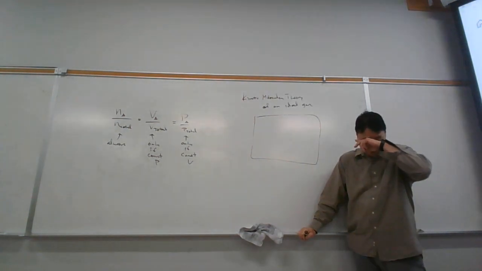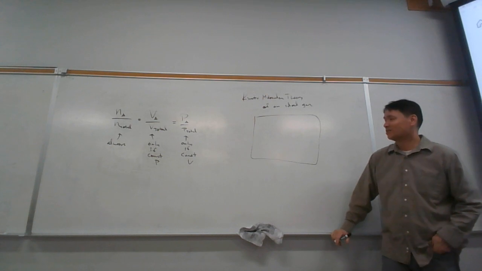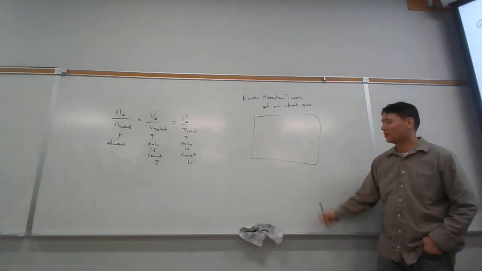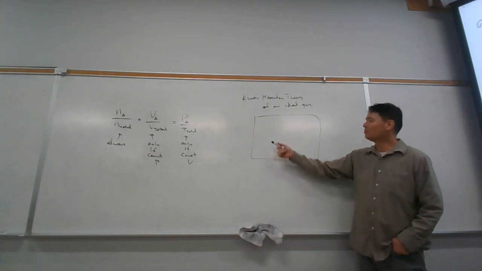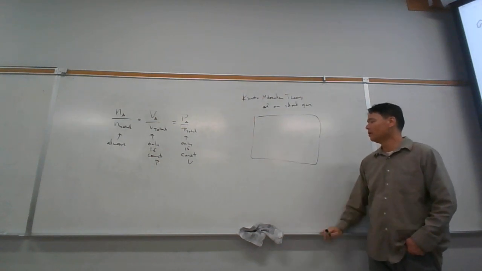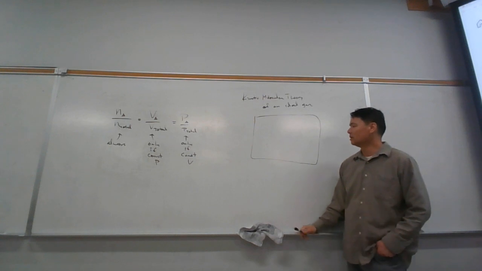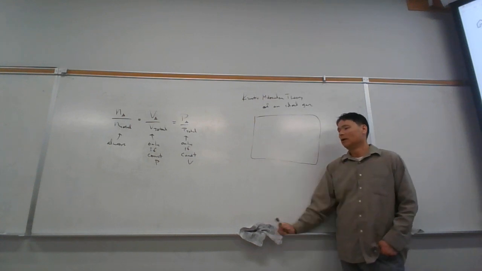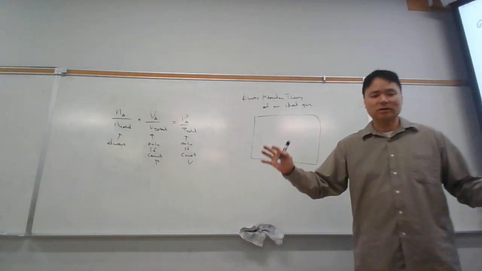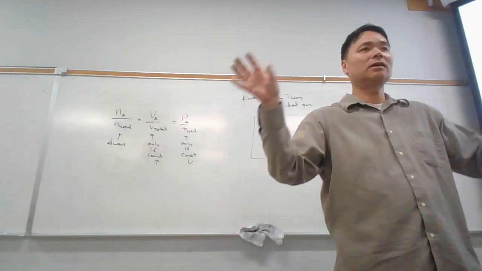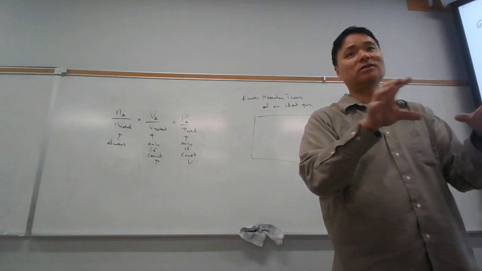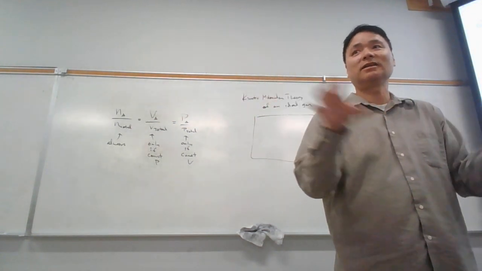In fact, the particles' volume is negligible compared to the size of the container, close to 0. And these are moving in random motion. But there's collisions. When they collide with the wall, we have two types of collisions at extremes. At one extreme, we have an inelastic collision, and at the other extreme, we have an elastic collision. Do you know the difference between an elastic collision and an inelastic collision?